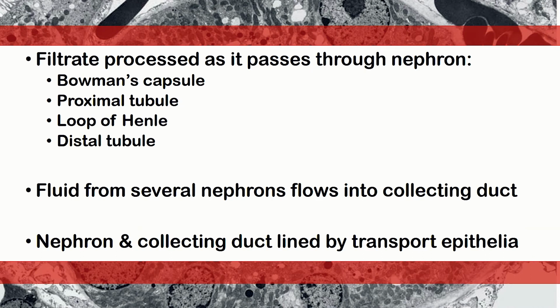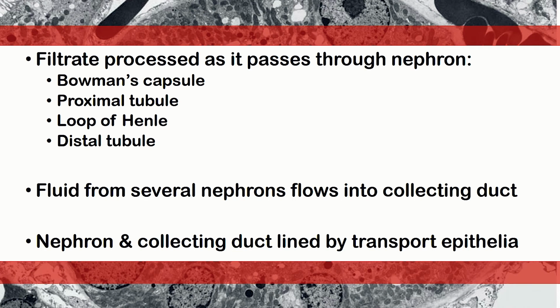That filtrate of the nephron is processed as it moves through four main zones. Those four main zones are Bowman's capsule, the proximal tube, otherwise known as the proximal convoluted tubule, the loop of Henle, and finally the distal convoluted tubule or the distal tubule.